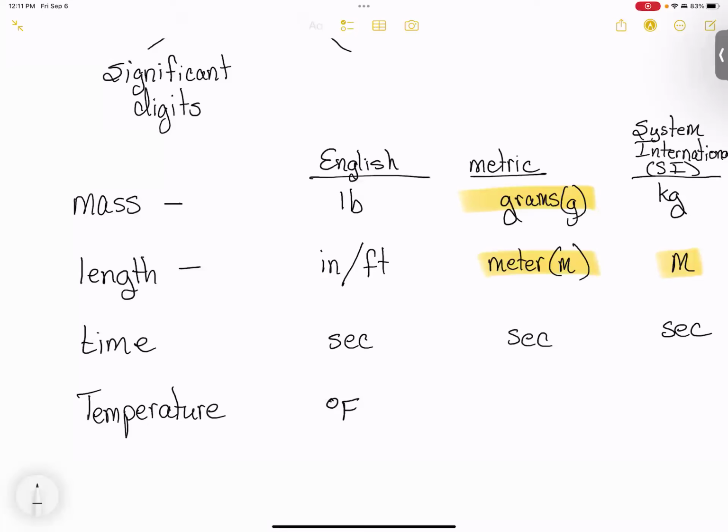We will not use degrees Fahrenheit. I mean, we'll learn to basically convert out of degrees Fahrenheit real quick into degrees Celsius, which is what our thermometers upstairs measure, or even Kelvin.